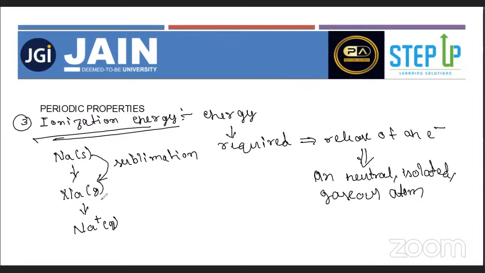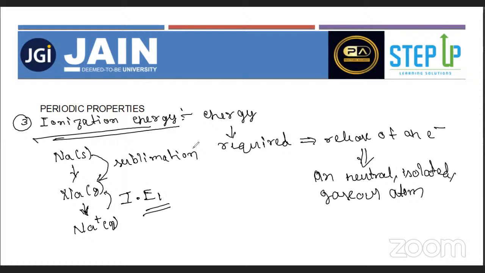After that, when I take out one electron, this particular energy is known as ionization energy. Because I'm taking out the first electron, it is known as ionization energy 1, or first ionization energy. This is the definition of ionization energy.